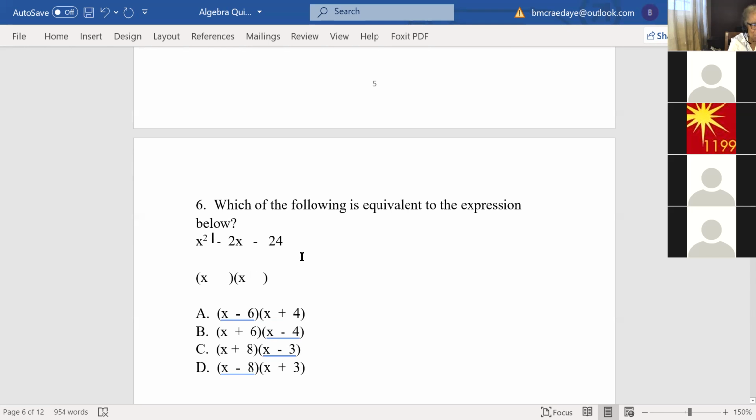You remember, Latoya? You find the multiples of negative 24, and whatever they are, they must add up to give you a negative 2.